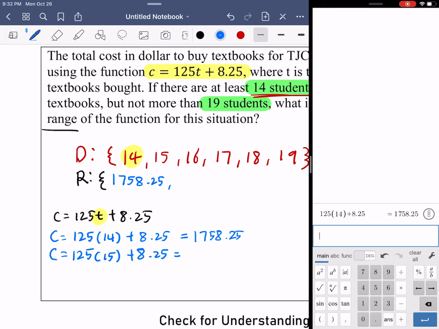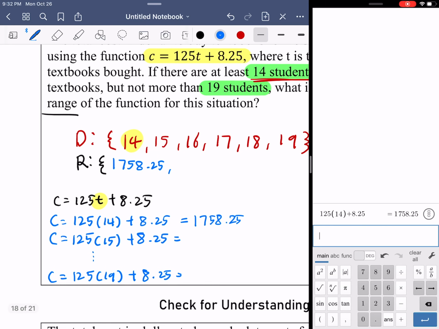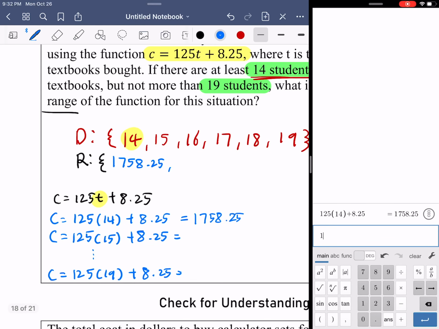So the next one is going to be 15, but since we are running out of time, I'm going to just do the last number here. Okay? And you don't have to do every single thing. I want you to do until 14, 15, 16, and 19, okay? So let's write it down. 125 times 15 plus 8.25 is what? 1,883.25.